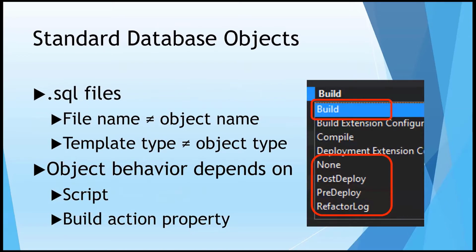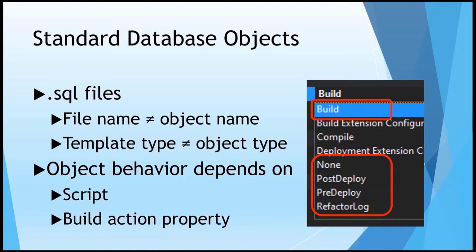Now, these objects you're developing are usually your standard tables and views and stored procedures, your usual database objects. And they live inside these SQL files, one per object. When you create one of these files, you will be asked to choose a name, and that defines the file name and the object name, but those things don't have to stay synced up.